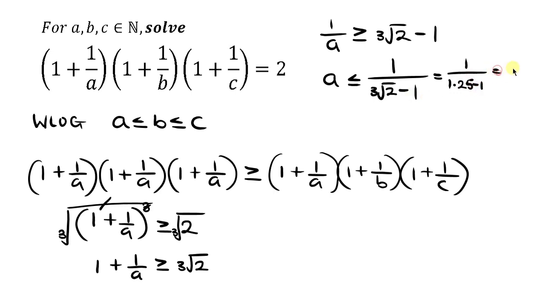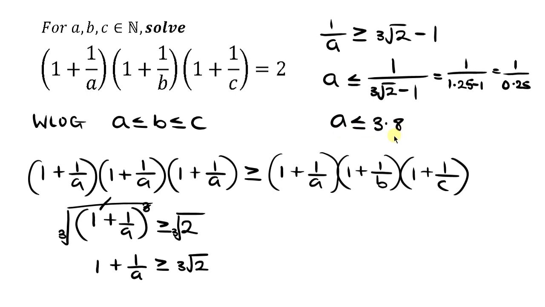That means this is 1 all over 1.25 minus 1, which is 0.25. And 1 divided by 0.25 is something close to, let's say, 3.85 or something like that. So A is less than 3.8. And since A is a natural number, that means A is not up to 4.